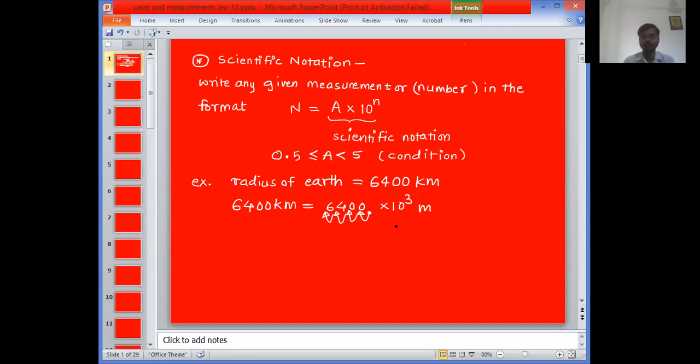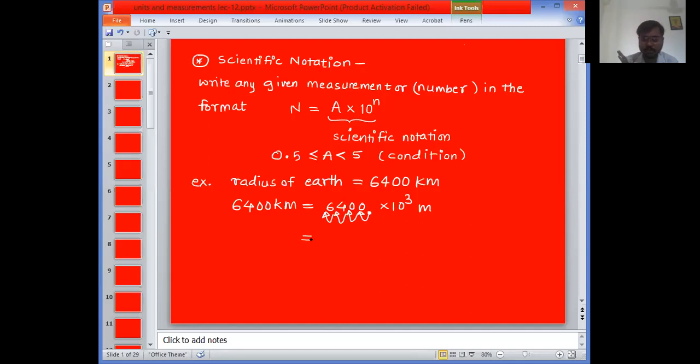Now you tell me, if the decimal point is shifted to the left once, multiply by 10. If shifted twice, multiply by 100. If you shift the decimal point 3 times, you multiply by 10 raised to 3. If you shift the decimal point leftwards 4 times, you multiply by 10 raised to 4.